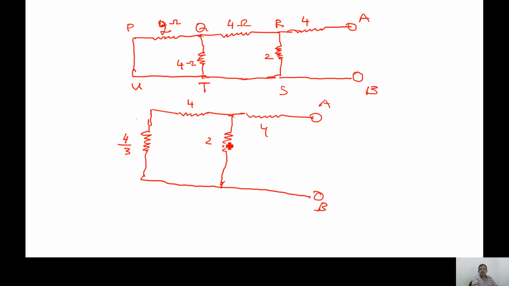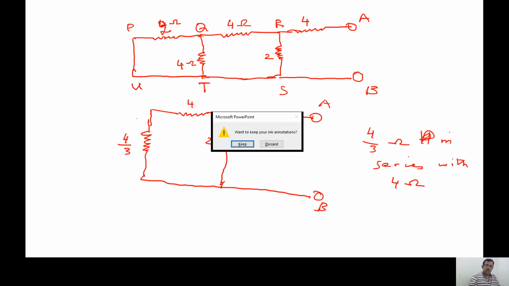This 16 by 3 ohm is in parallel with the 2 ohm.